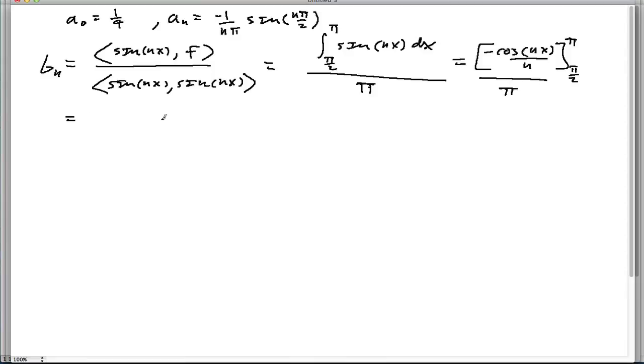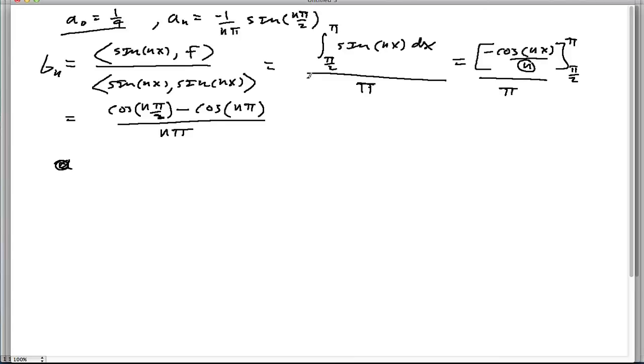Okay, so let's go through this a little bit further. What we have here is cosine of n pi over 2 minus cosine of n pi, all over n pi, because there's still an n down there. So now let's evaluate what these terms look like. Again, we have a0 equal to 1/4, and then bn is equal to this complex expression. Let's get a sense for what these coefficients look like.